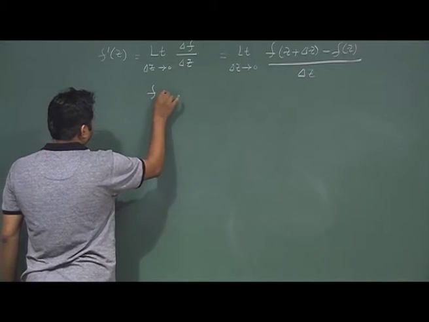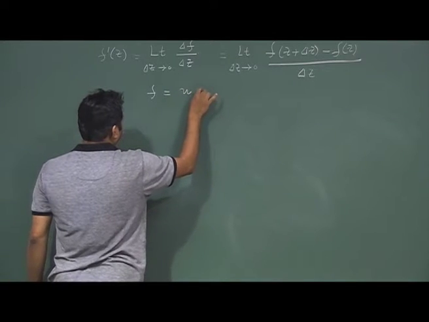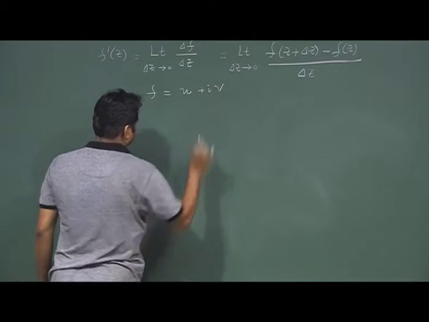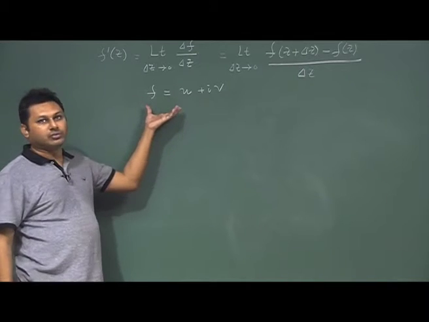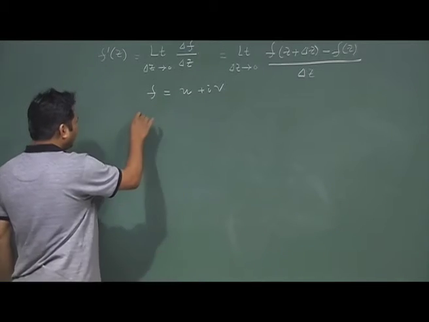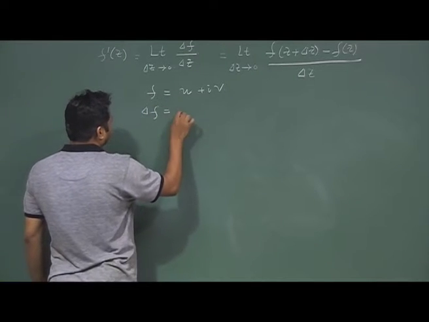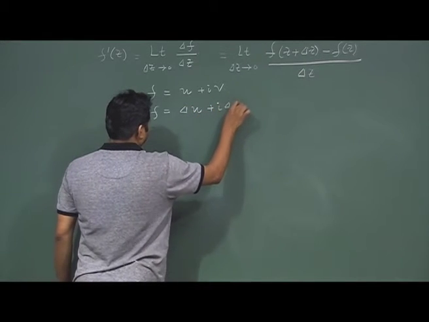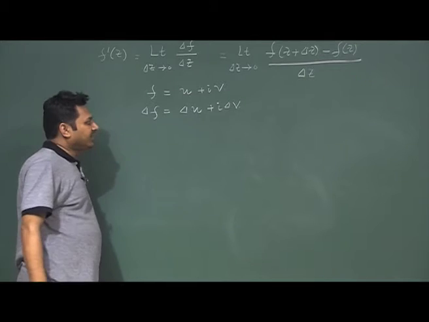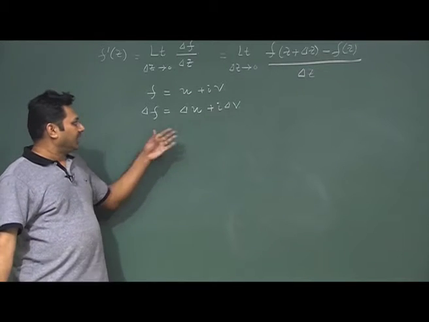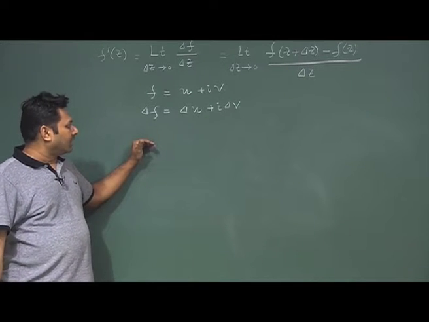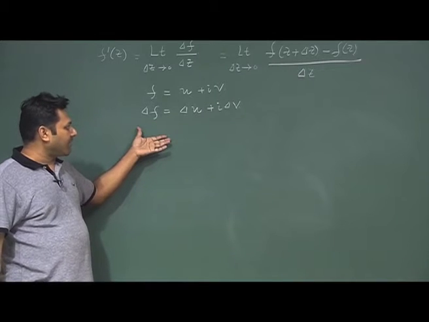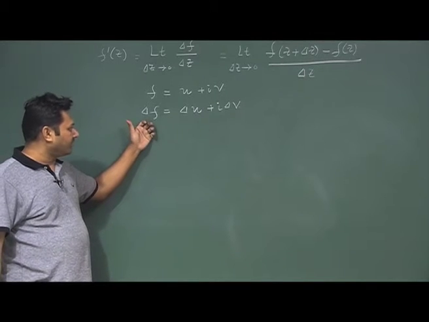Now, f is equal to u plus iv. So, delta of f is equal to delta of u plus i delta of v. That is the additional thing, because in the previous class I defined how the function is changing.